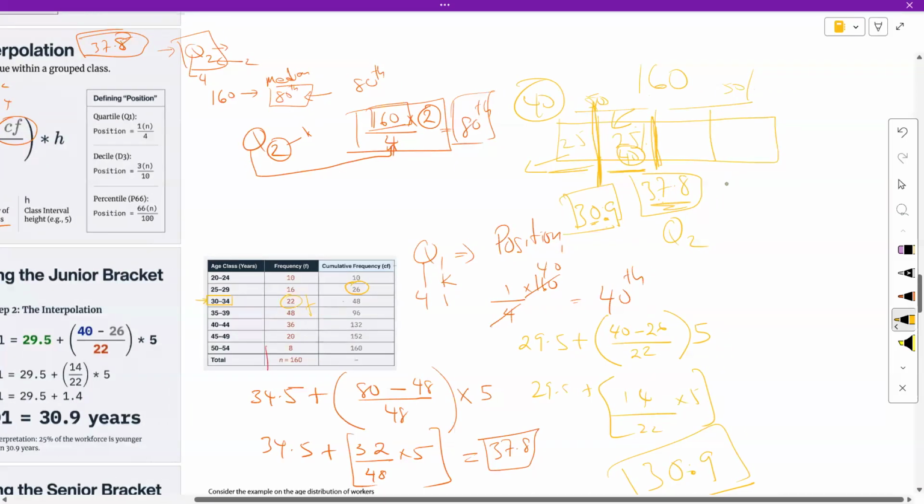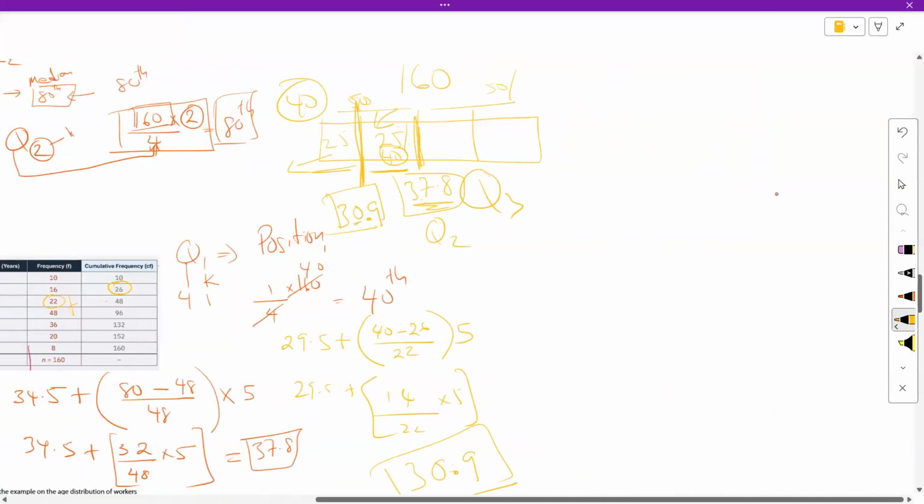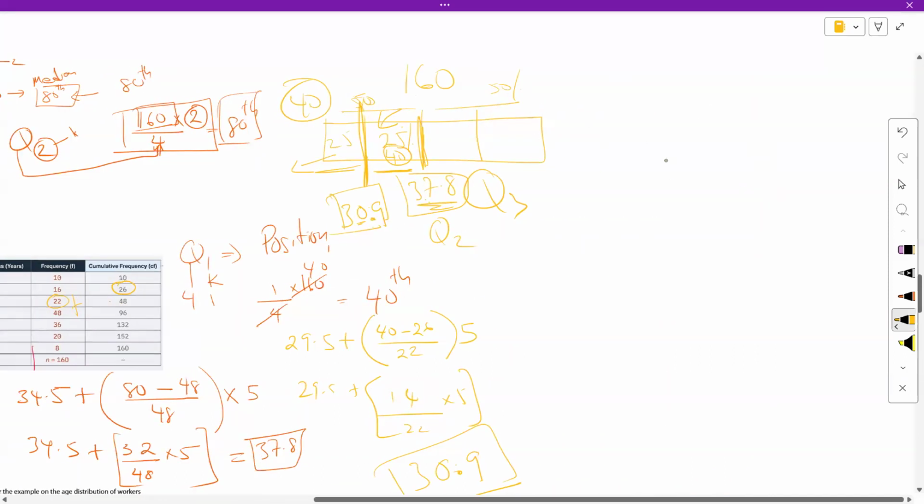Likewise, we can calculate Q3, the third cut point. Very easy, right? How to calculate? Q is 4, K is 3, and the number of observations is 160, so we can identify the position: the 120th employee.